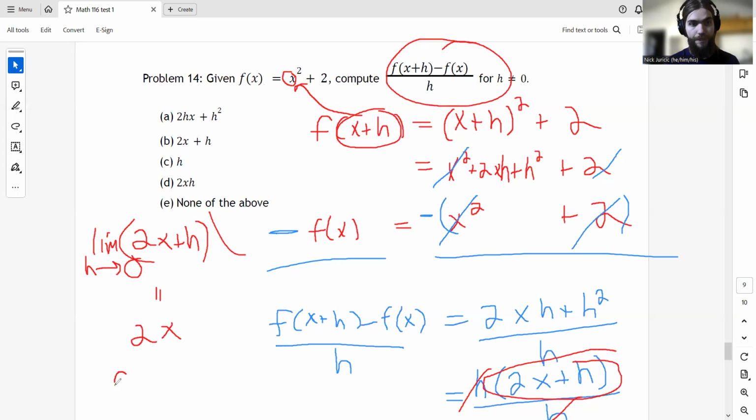The meaning is that f prime of x is equal to 2x. This is the same as the derivative of f of x with respect to x. This calculation shows that the derivative of this function is simply 2x.